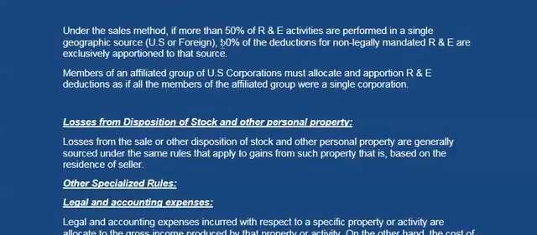Under the sales method, if more than 50% of R&D activities are performed in a single geographic region or source, US or foreign, 50% of deductions for non-legally mandated R&D are exclusively apportioned to that source. Members of an affiliated group of US corporations must allocate and apportion R&D deductions as if all the members of the affiliated group were a single corporation.